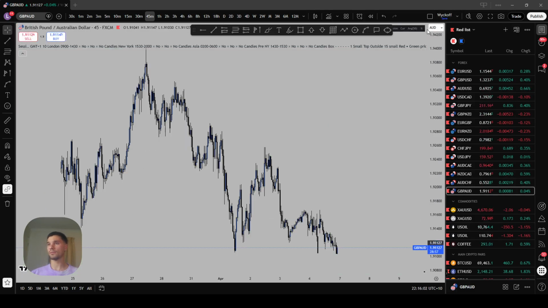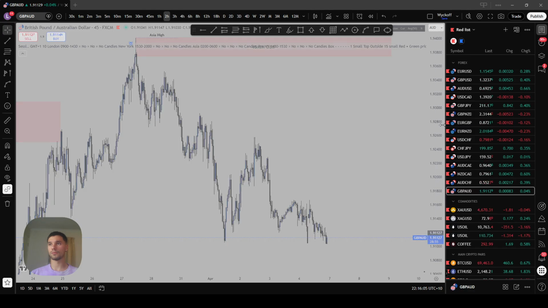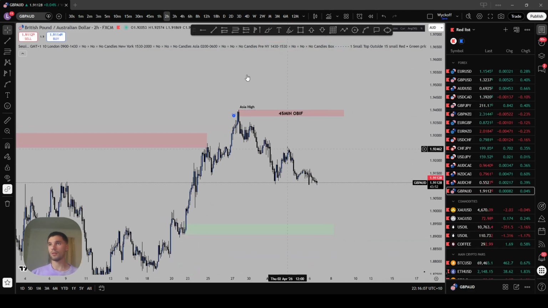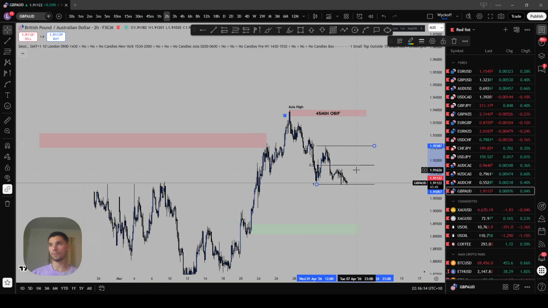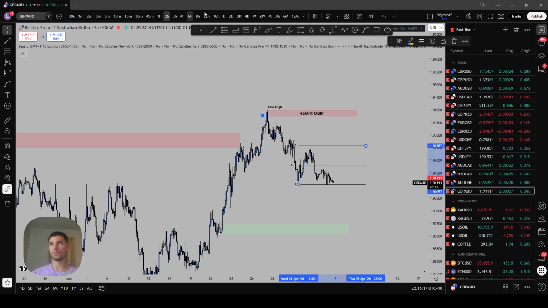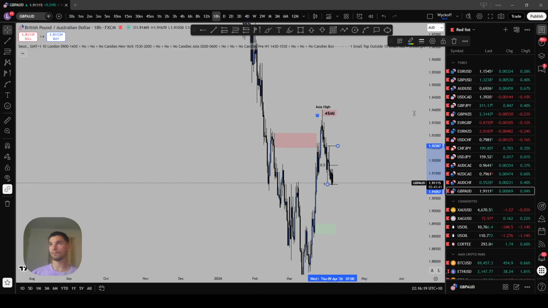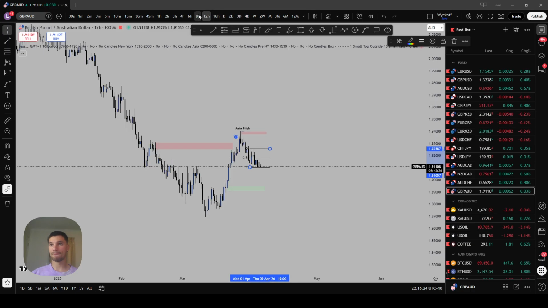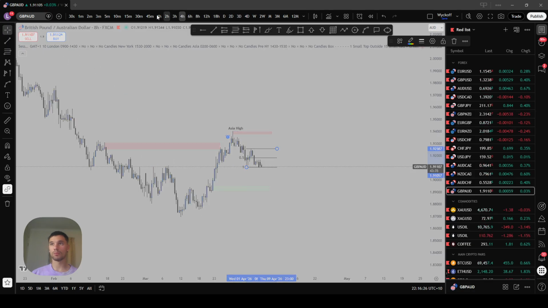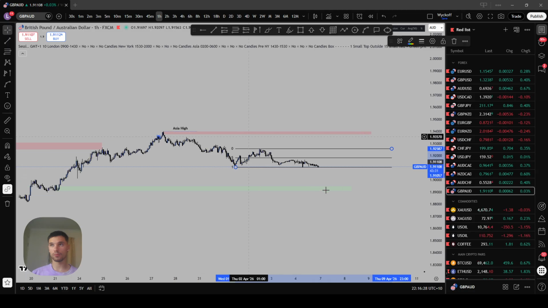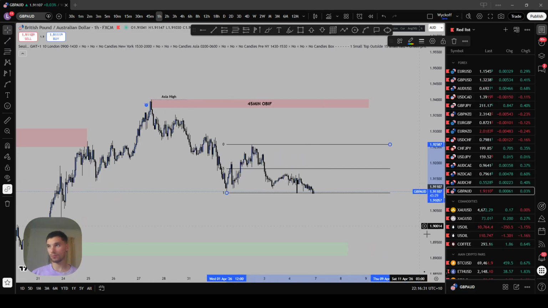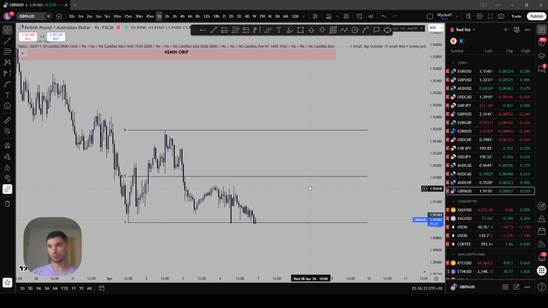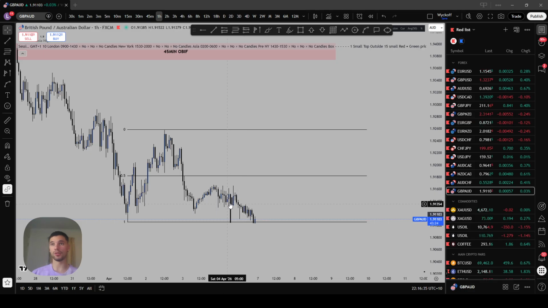GBP AUD. That is my range. Very, very nice return to zone.